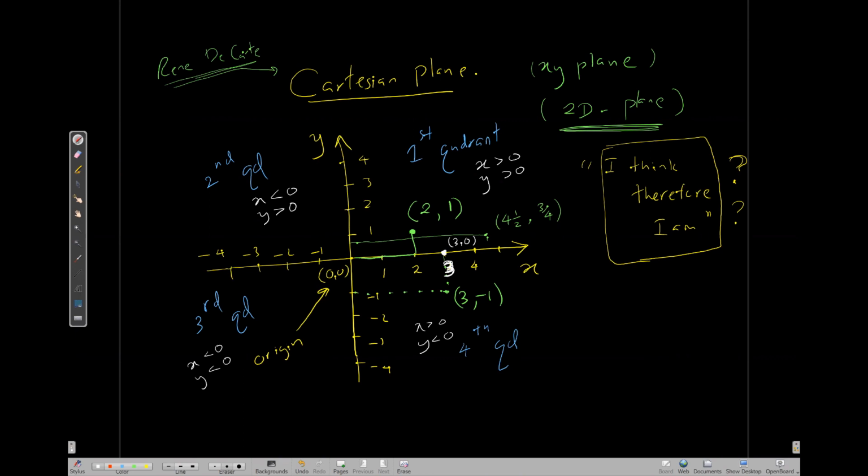Exactly like that here, even though we write 2 here, normally we write it like that, but as the position, it's 0 comma 2 because you don't go left or right and you just go 2 units up. So that's why we have here 0 comma 0, the place we start everything.